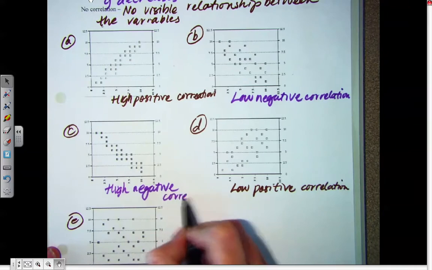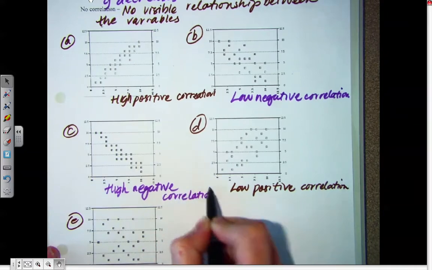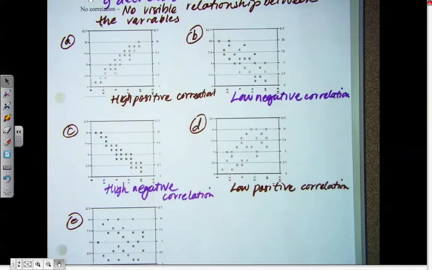What we're looking at is the relationship between the points. Because they're closer together, they have a high correlation.